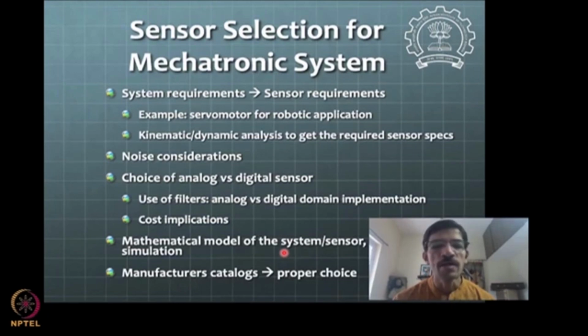And then you typically go through the manufacturer catalog and match the requirements, whatever sensor requirements you have generated, and select a proper sensor. Okay, so that is the process that goes on for sensor selection. We will do this process sometime later, but you should be aware of these parts here.